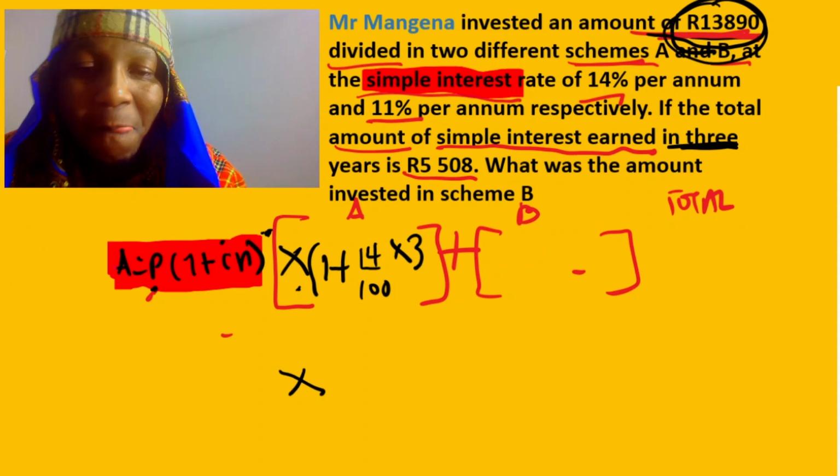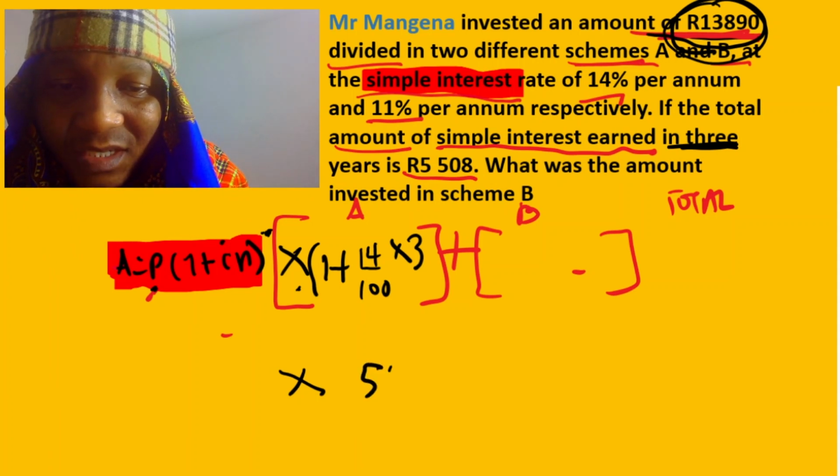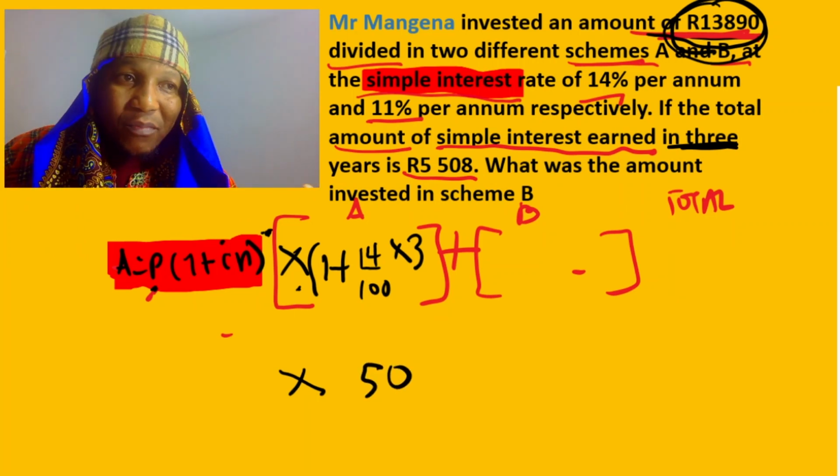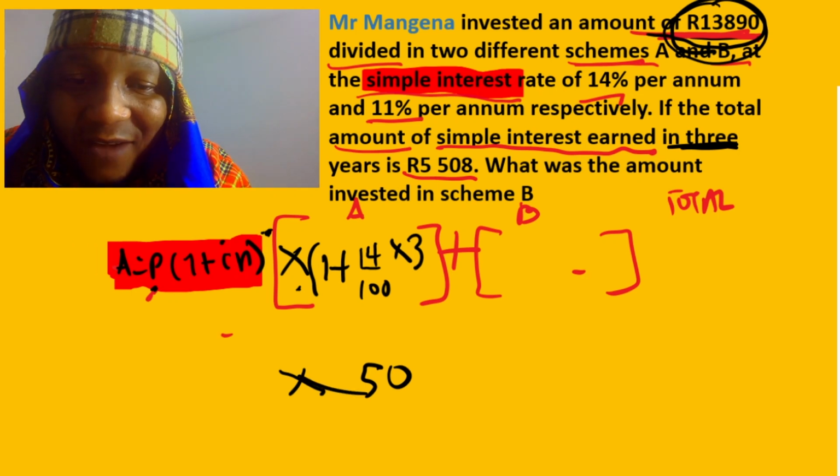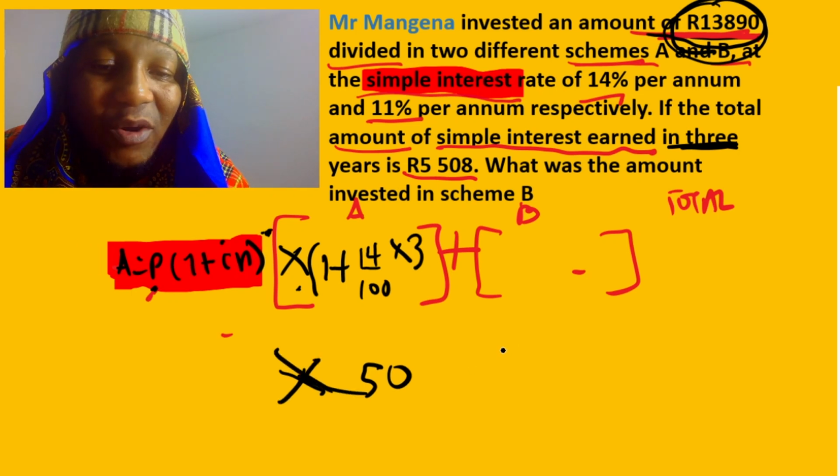Simple: if I have 50 and I want to split it between two people, and the first one gets X, the second one is going to get 50 minus X.